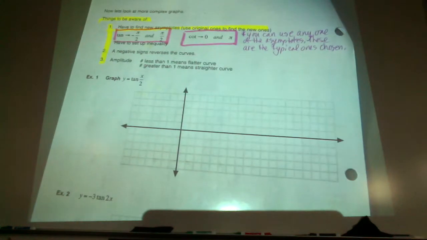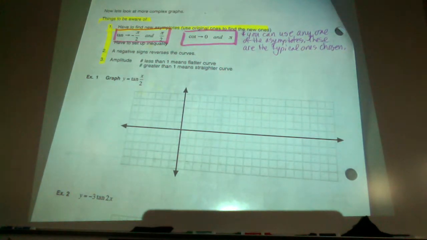So if you're more comfortable using what's on the unit circle because that's what you remember, fine, you can use that. Your original two asymptotes would be different than mine, but they'll be the same distance apart, and then you can just use those to approximate your pattern. So it'll work the same. Is everybody clear on that? It's weird that they go ahead and switch that. I know. Because negative pi over 2 we don't use being on the unit circle, but we have to go back.